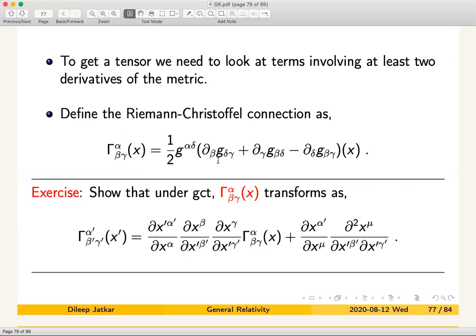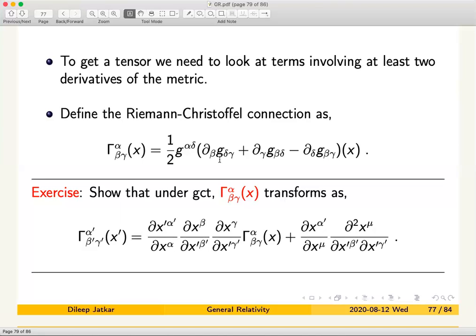Earlier we were using everything in terms of general coordinate transformations, but general coordinate transformations generate geometries which are equivalent to each other. If you have one metric and it is related to another metric by a general coordinate transformation, then they do not describe different geometries. They describe the same geometry, just different choices of bases, different choices of coordinate systems.